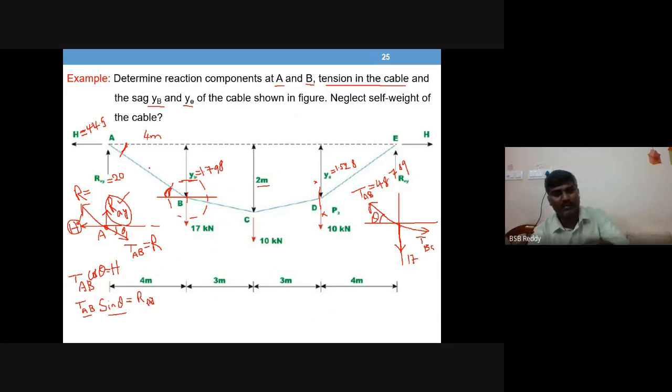Theta AB is tan inverse of 1.798 divided by 4, which will give you the theta AB value.